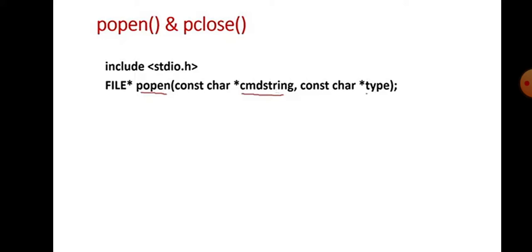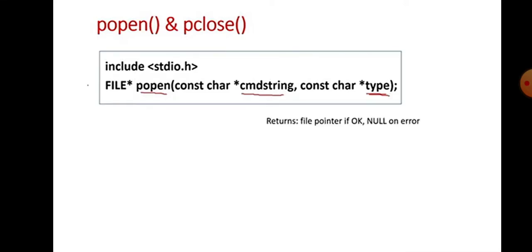And the type, which is very simple, indicates whether the pipe that is created is in read mode or write mode, depending on the value of the type. It will return a file pointer if popen is successful, and null on error.